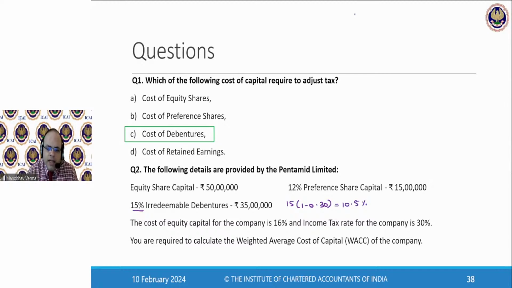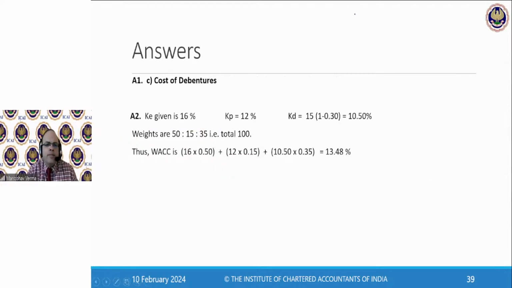So this is a practice, guys, which can help you to calculate something quick. And the proportions are anyways with you: 50, 15, and 35. So 50%, 15%, 35%. And accordingly your costs of capital are 16%, 12%, and 10.5%. So if you multiply that, everyone is getting 13 point something, guys. 13.48 to be precise.